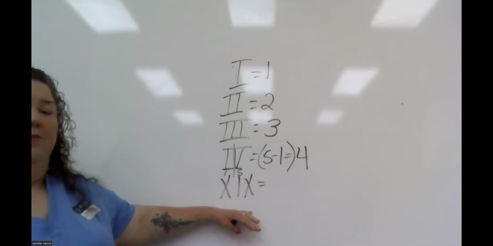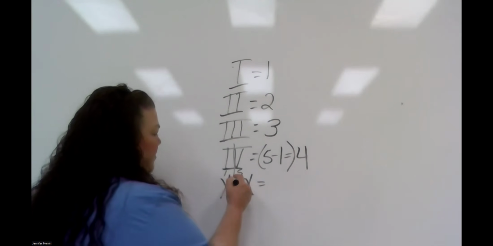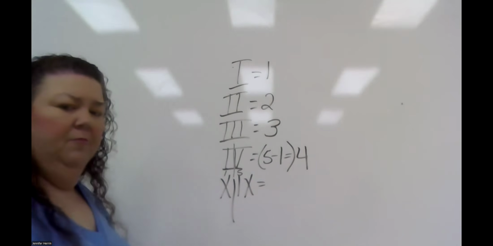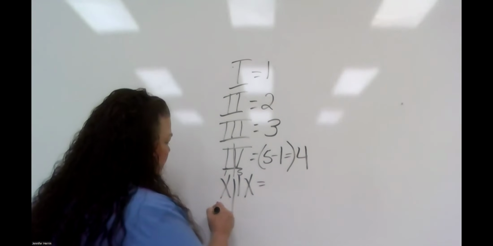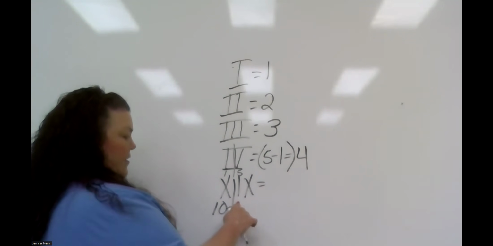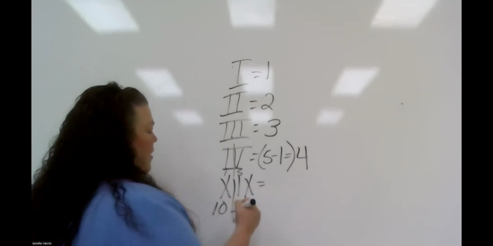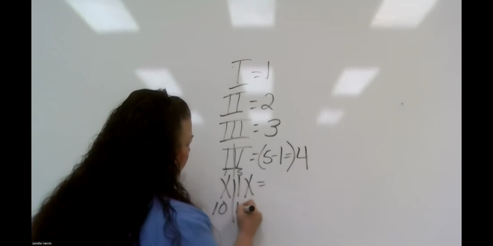So here's another example. Remember what the X represented? So we could potentially draw a line between our numbers here. And this side is going to be 10 because that is what the X represents. And then here on this side, I have a small number in front of a large number. So remember, our capital I is a 1.